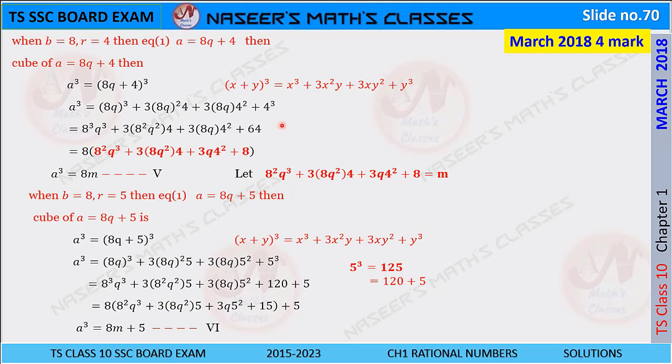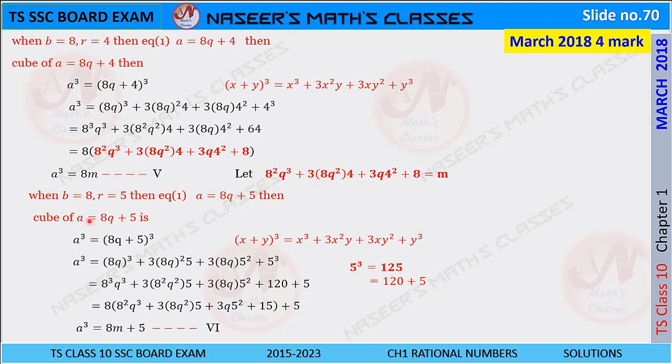Here 4 cube is written as 64, and from these 4 terms we take out 8 common. Then we can write it as 8 times (8 square q cube + 3 times 8 q square times 4 + 3q times 4 square + 8). Let this one be m. Then we can write it as a cube is equal to 8m. Let this one be Roman number 5 equation.